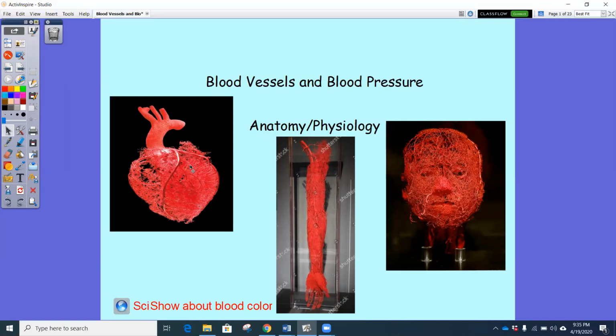But these are 3 different structures of the body that the workers from Body Worlds have dissected down to just the blood vessels. And I think I take for granted how many blood vessels we have, and all of the branches of them are probably not named, but they do have to oxygenate all of the tissue.